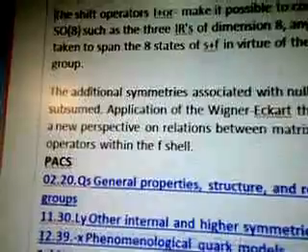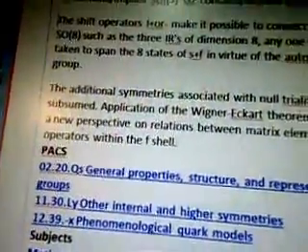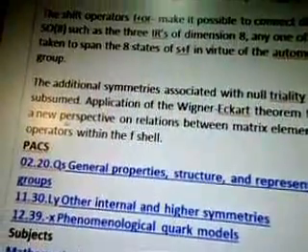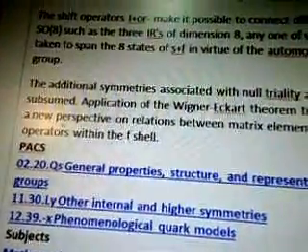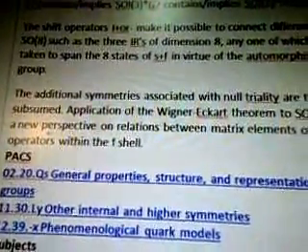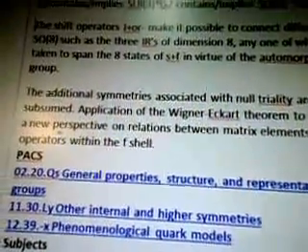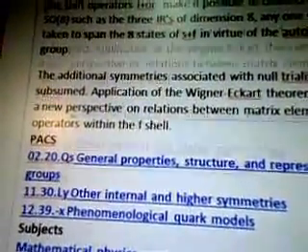The additional symmetries associated with null triality are thereby assumed. Application of the Wigner-Eckart theorem to SO3 provides a new perspective on relations between matrix elements of atomic operators within the F shell.